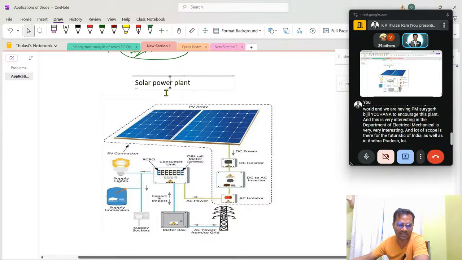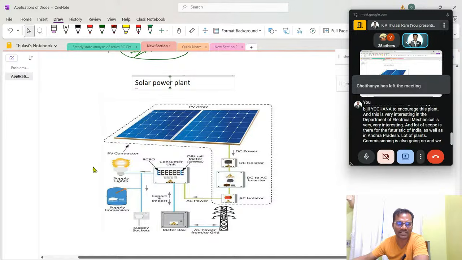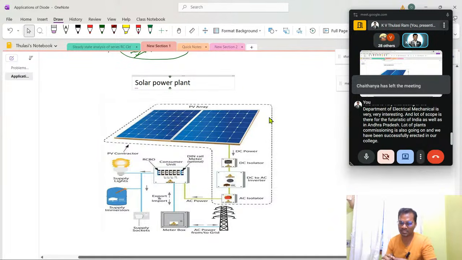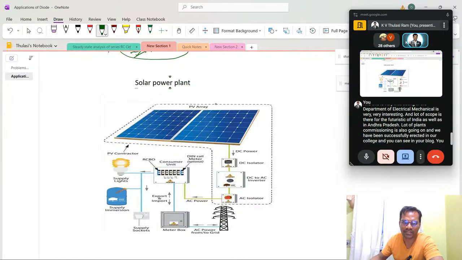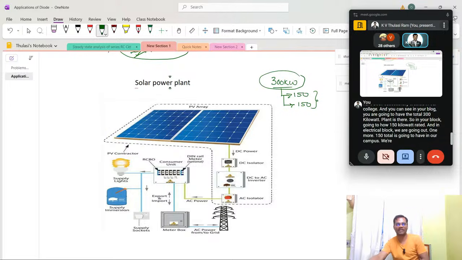Many plants are being commissioned, and we have successfully erected one in our college. In your block you have a 150 kilowatt plant, and in the electrical block one more 150, so in our campus we have a total of 300 kilowatt.